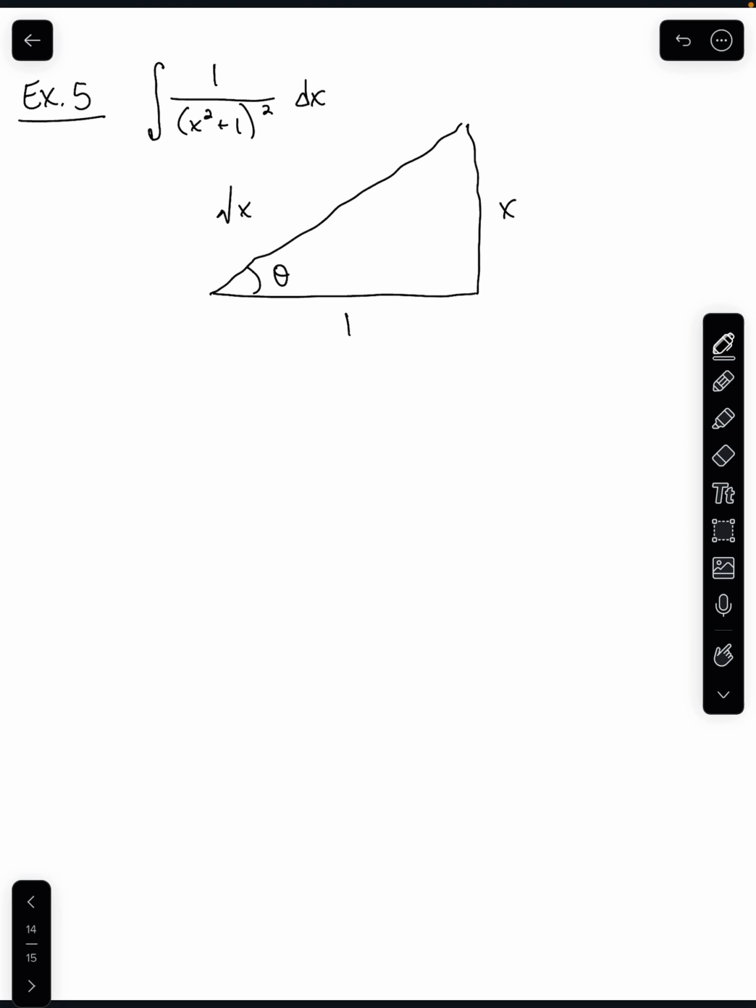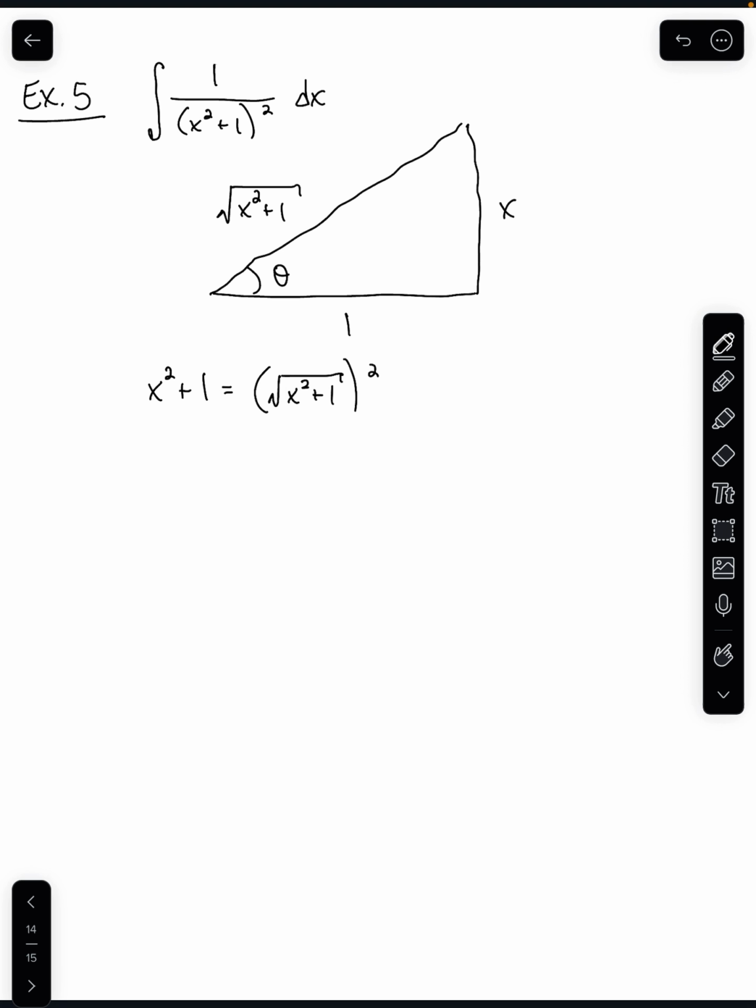By the Pythagorean theorem, then, the length of the hypotenuse would be the square root of x squared plus 1. This is fine so far, because remember that x squared plus 1 is simply the square root of x squared plus 1, squared.